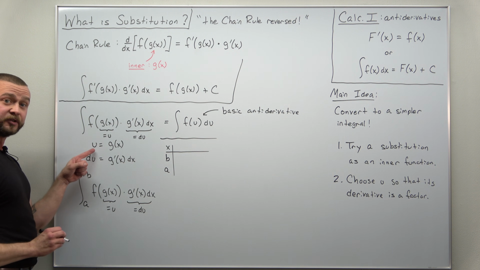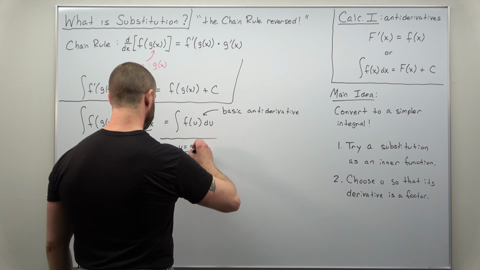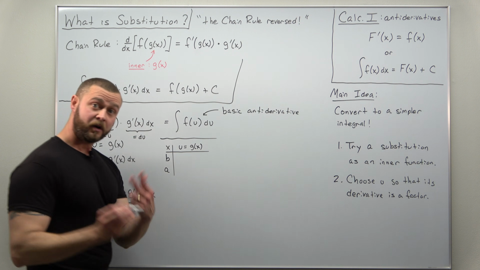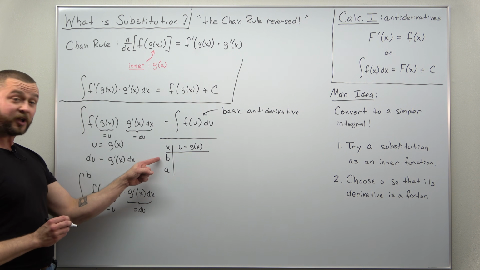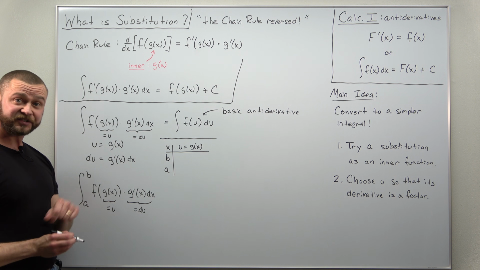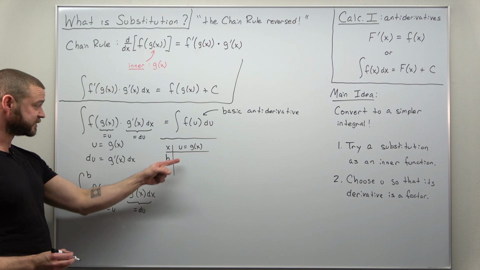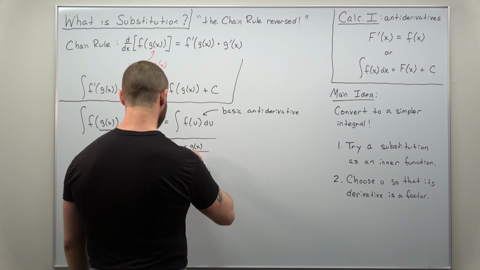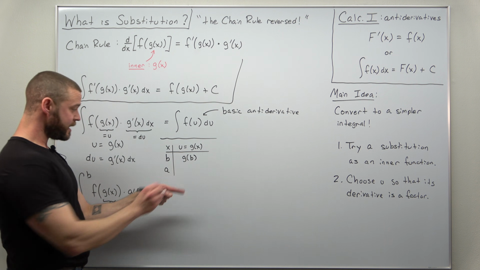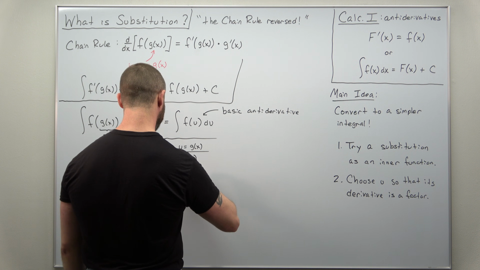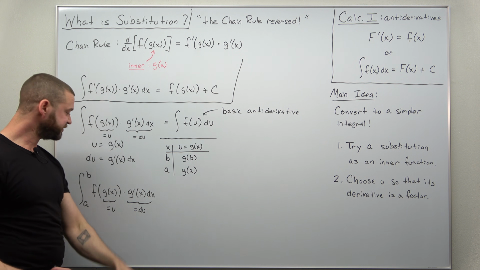And if we use a substitution, u equals g of x, all we do to determine our new u limits is we just plug in x is b and x is a. So if you do that here without a specific formula for g of x, we get g of b, plug in x is a, and we get g of a. And everything converts the same way.